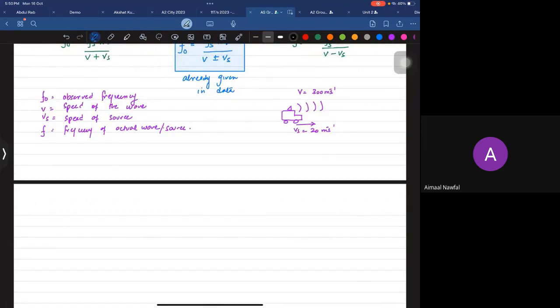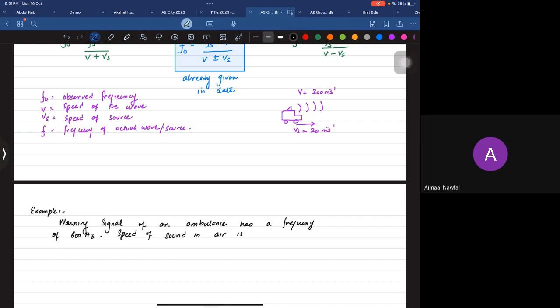So in this example, it says the warning signal of an ambulance has a frequency of 600 hertz. The speed of sound in air is 330 meters per second.